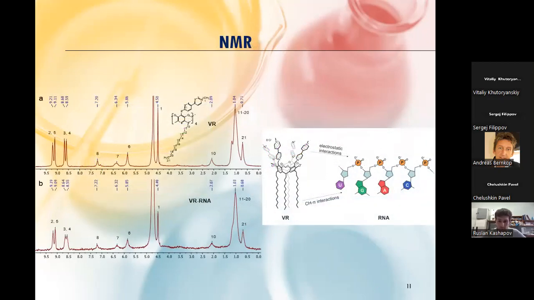And NMR spectroscopy was used to identify the chemical groups involved in intermolecular interaction between microcycle and NEA in water.